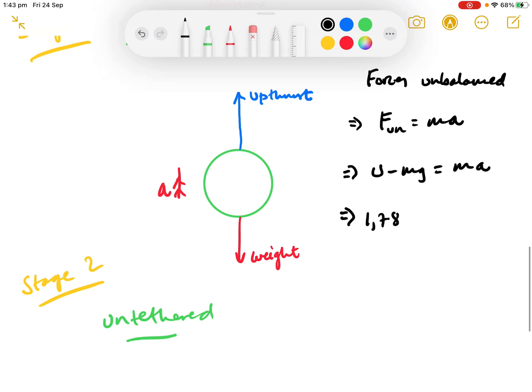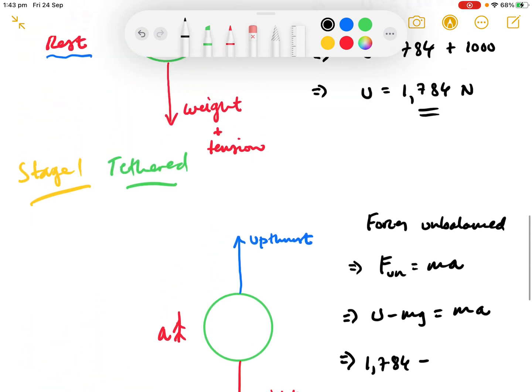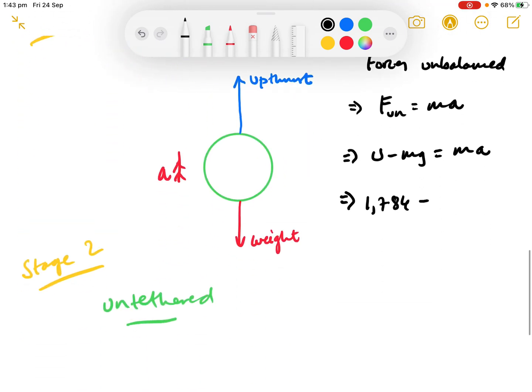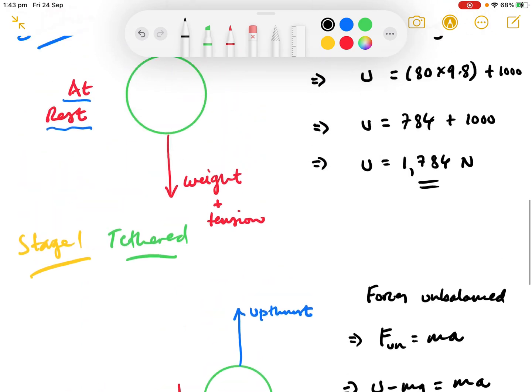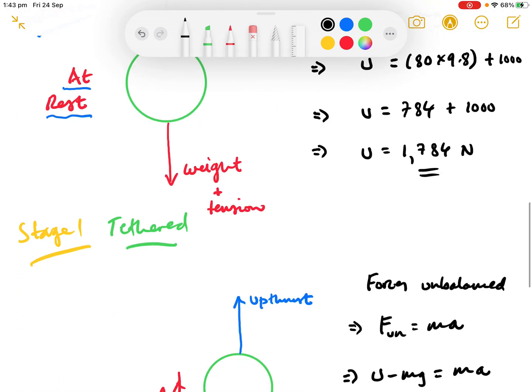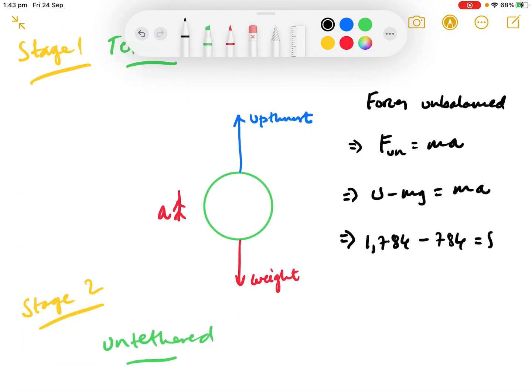We know the up thrust is 1784. And we've already worked out the weight to be 784. So that's going to equal the mass of the balloon, which we said was 80 kilograms, times A.